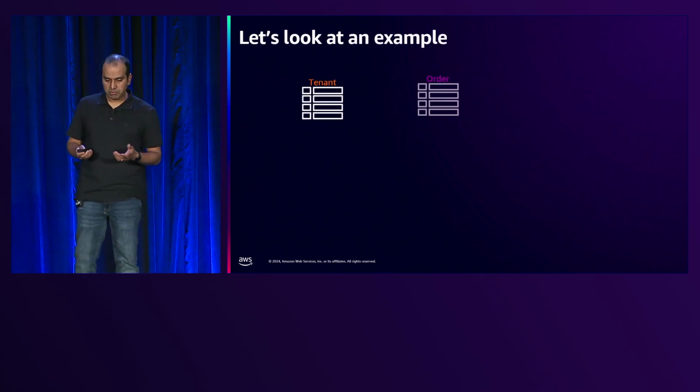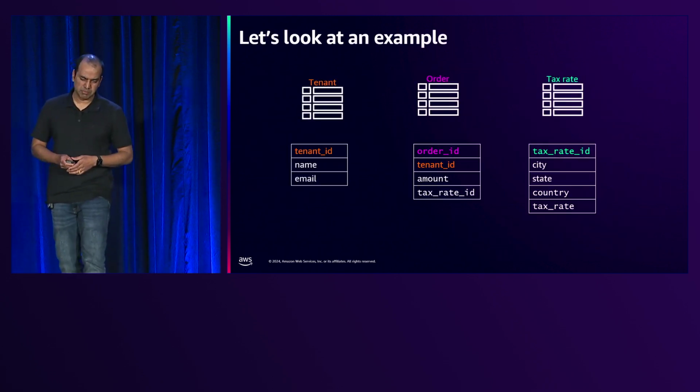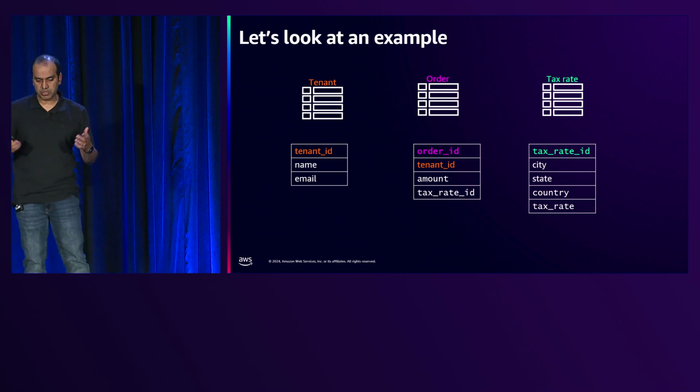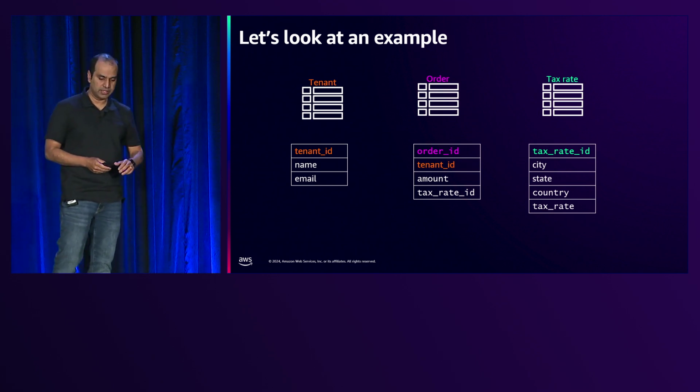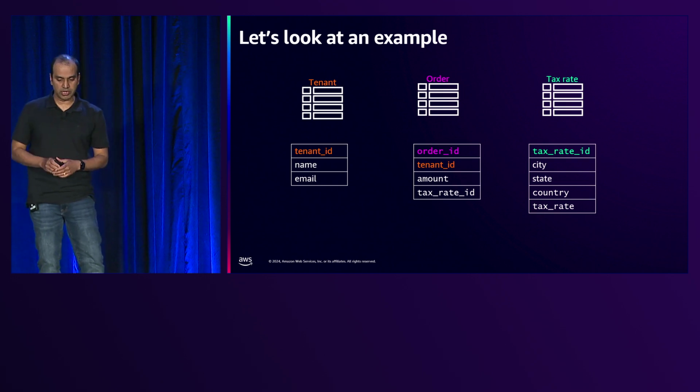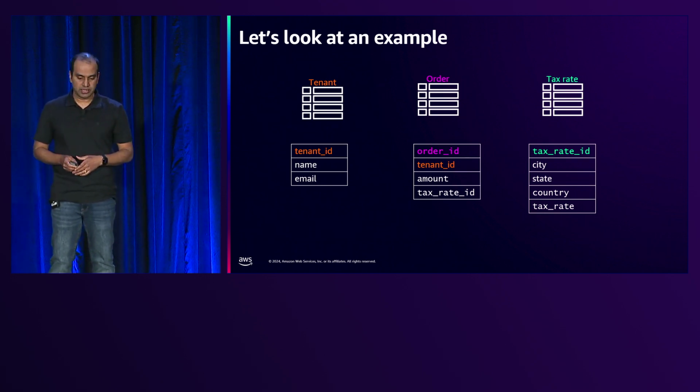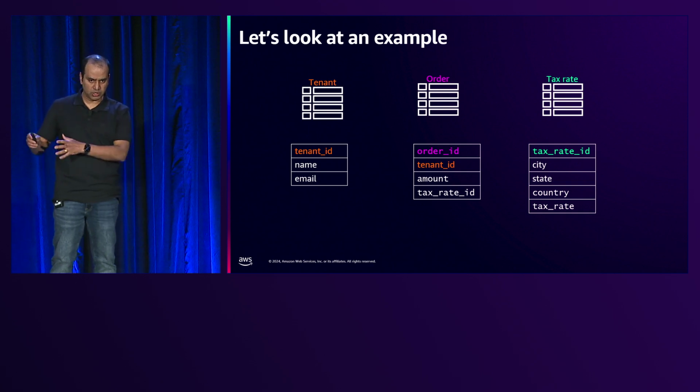If you look at an example, this is a simplistic representation of an e-commerce storefront SaaS application, where you have a notion of a tenant, and then there is an order table, and then there is a table that stores all the tax details for the city, state, country, almost like a lookup table.